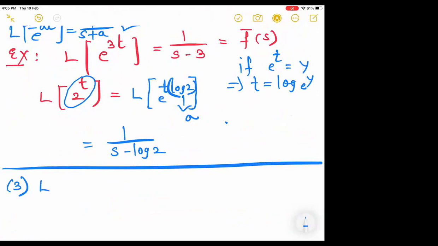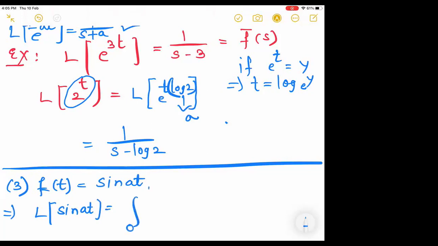Find the Laplace transform of f of t equal to sine of at. So it's the Laplace of sine of at, which is calculated from the definition, 0 to infinity e raised to minus st into sine of at dt.